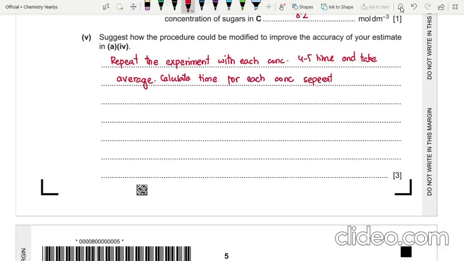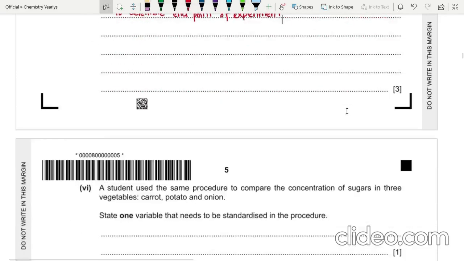Or the other thing that you could do is use a colorimeter to determine the endpoint of the experiment. So these are the three improvements that can be made to modify the experiment.